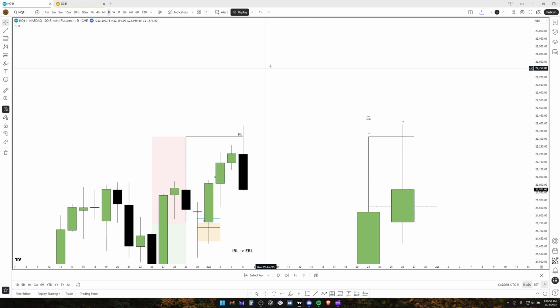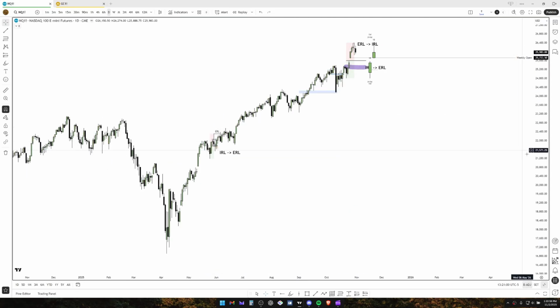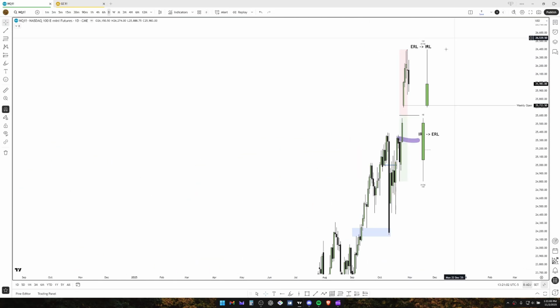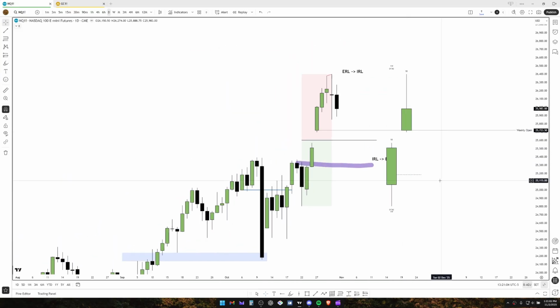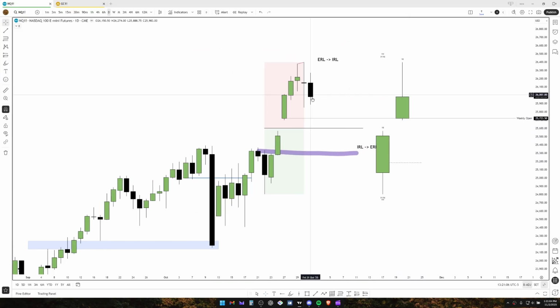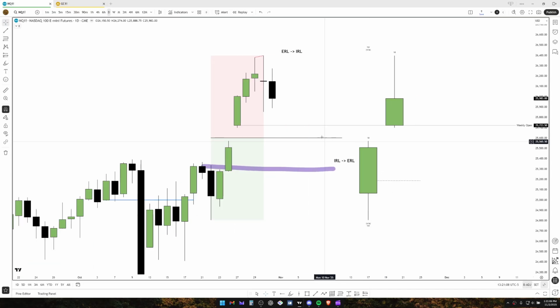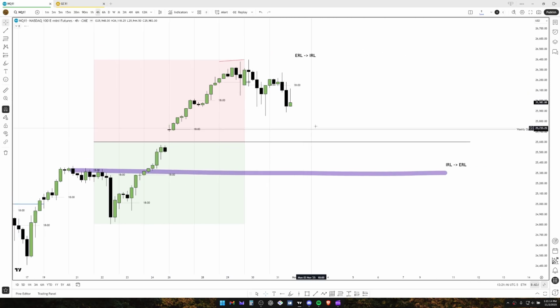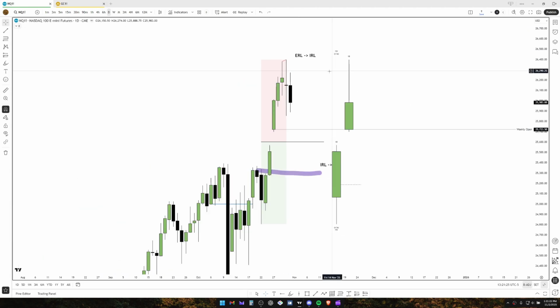Now let's go back to this, and we can have an idea again. We're going to come back down here, create some kind of swing in the internal, and then expand back up to the external. And while we're doing that, we're going to come to the 4 hour and frame day by day what we're seeing. Makes sense, right?